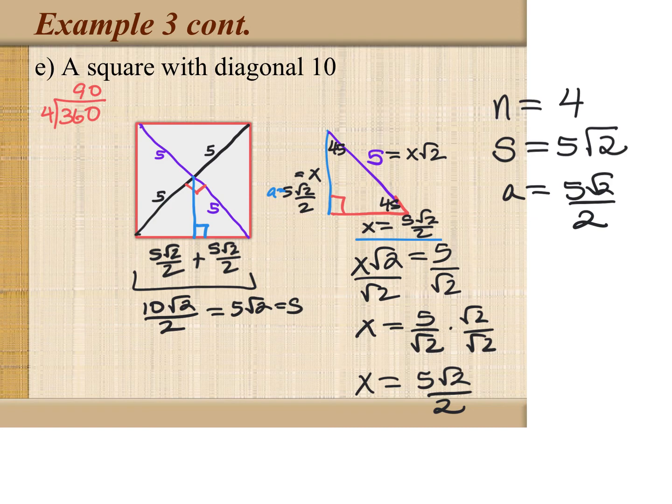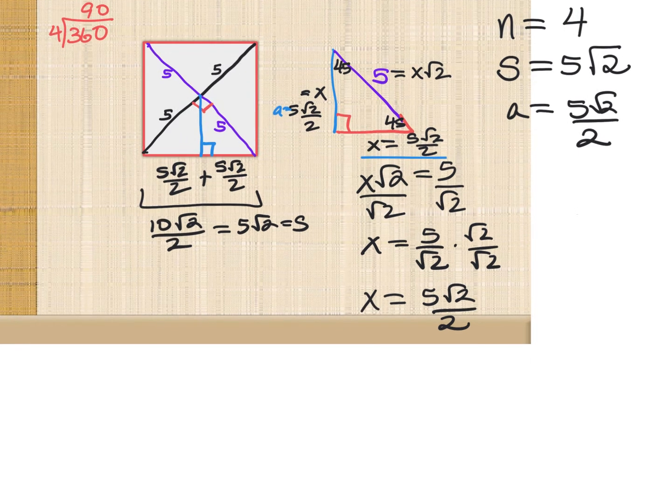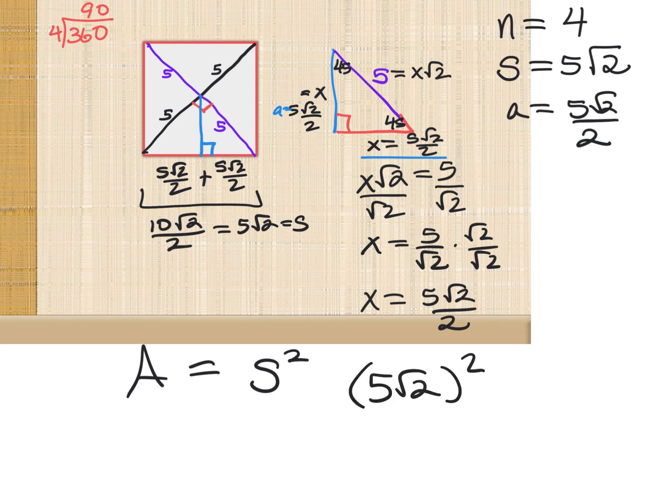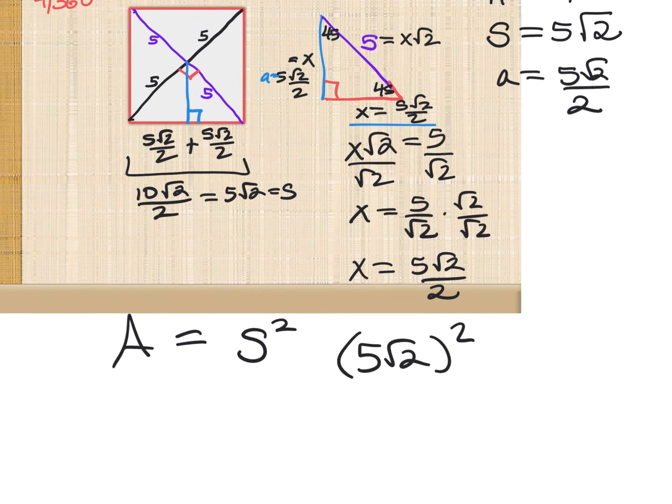You learned that the area of a square is really just side times side. So really, we don't need the whole 1/2 apothem times perimeter. When it's a square, I can just do side to the second power. So if you just want to do 5 square root 2 squared, this is going to give us the same answer as using the polygon formula.